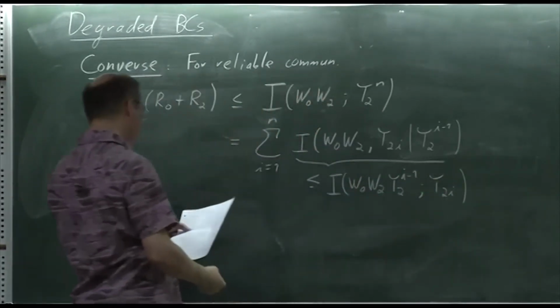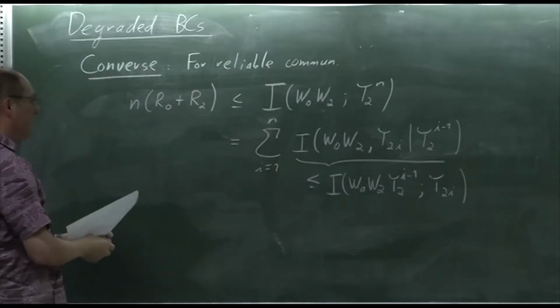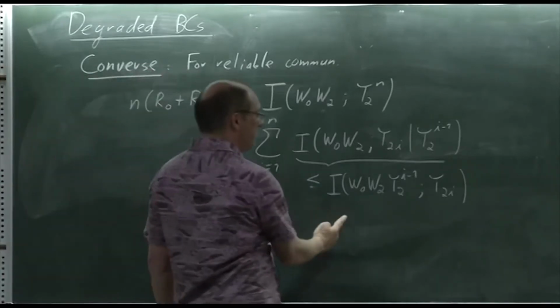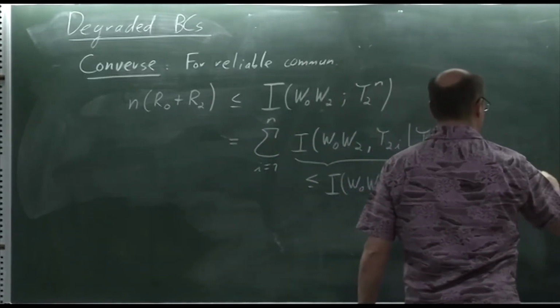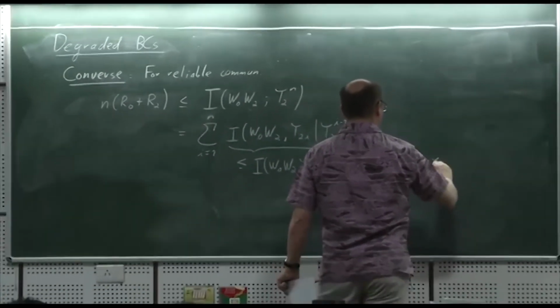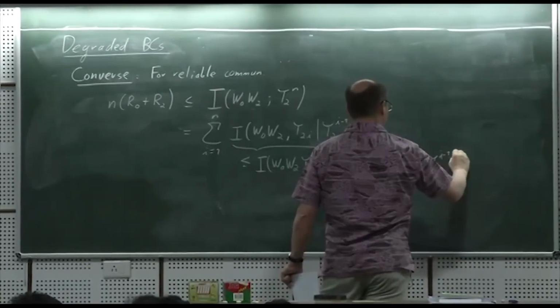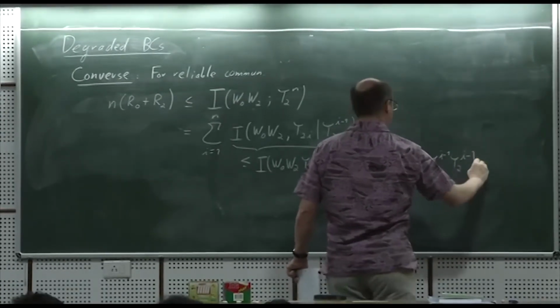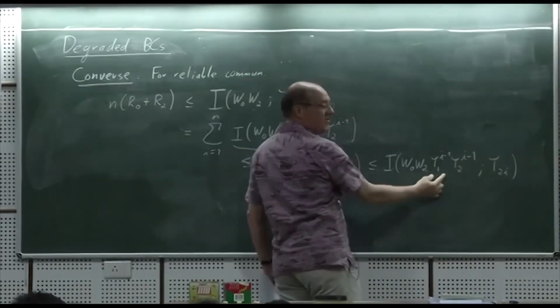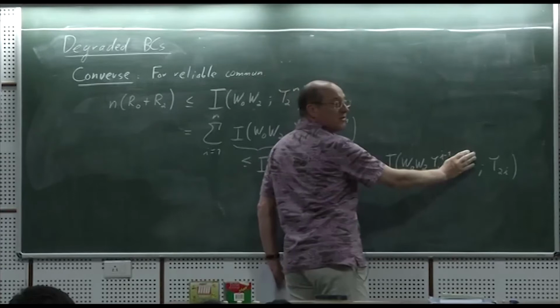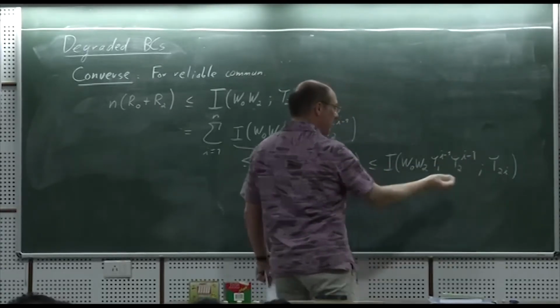And this, in turn, if I plug in Y1, I get something even bigger. And in fact, note that this is a noisier version of that, so I can just drop this. To see that formally, just use the chain rule.